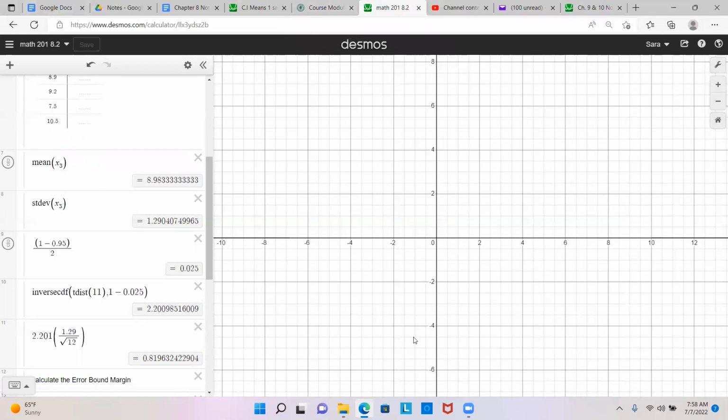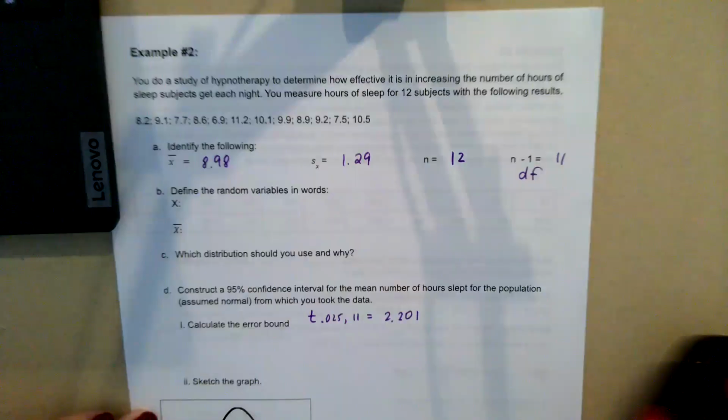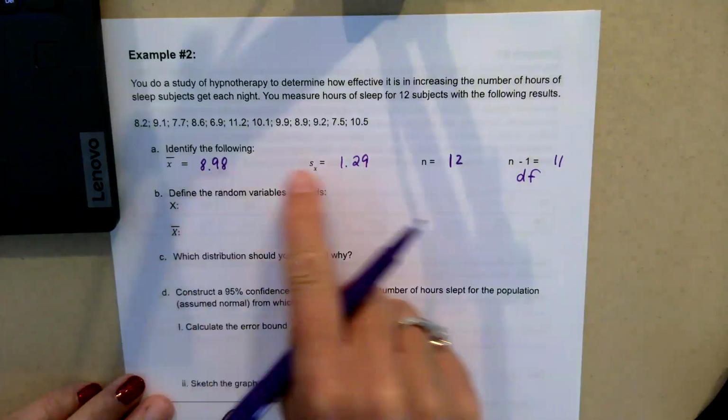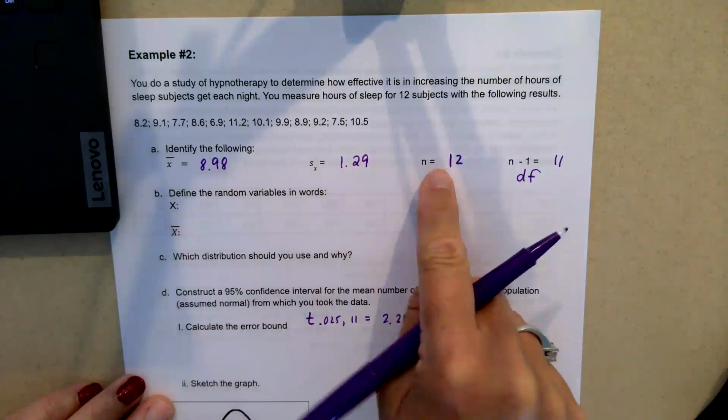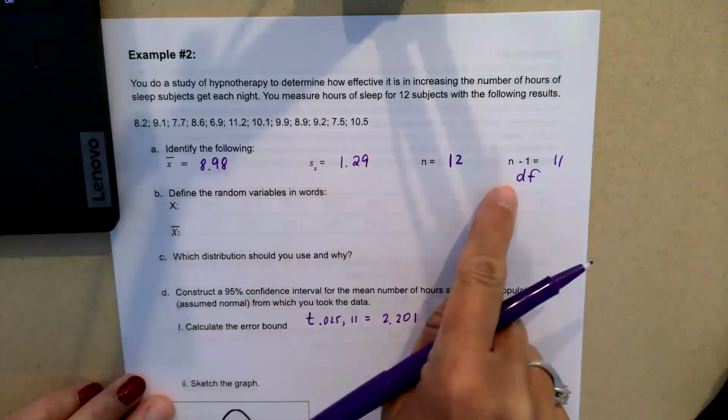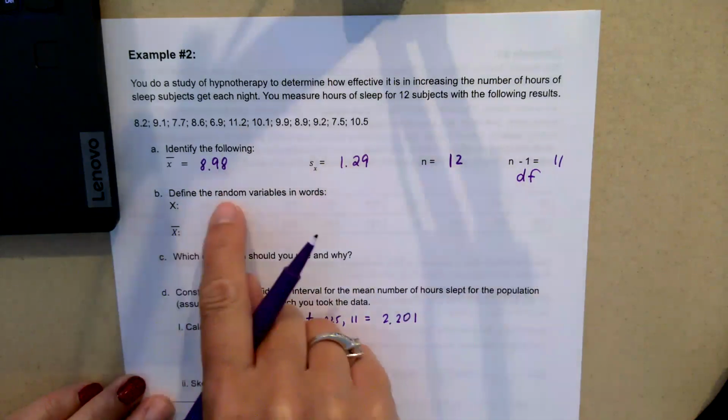Okay, so let's see what we have on our paper so far. We have our sample mean, our sample standard deviation, our sample size, our degrees of freedom. Define the random variable in words.